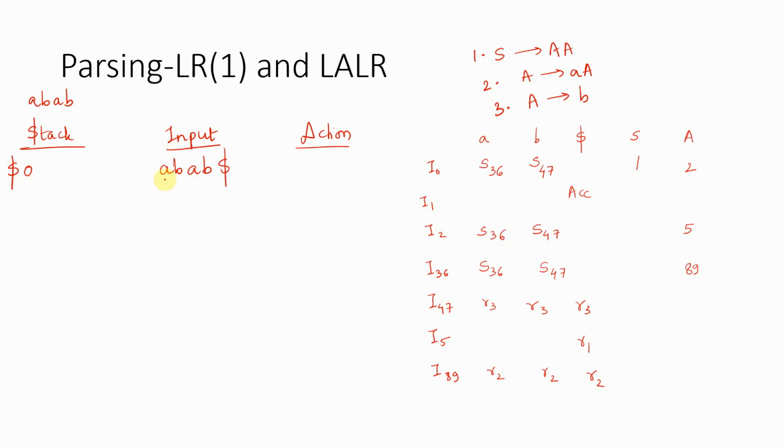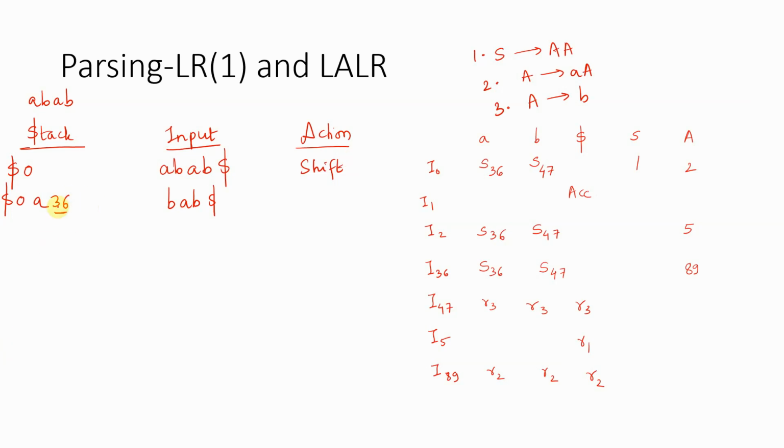So 0 on A gives you a shift operation. So I write this 0, shift one symbol from input and write the next state, that is 36. Okay, this 36 is considered as one value. What is left in input? It is BAB $. Okay, so you can write the action as shift operation.